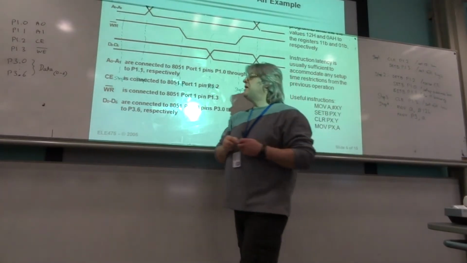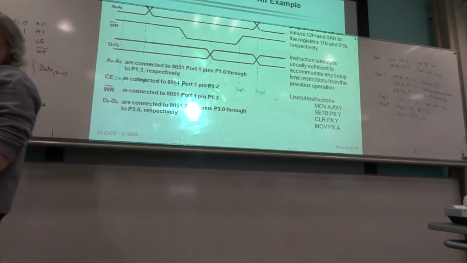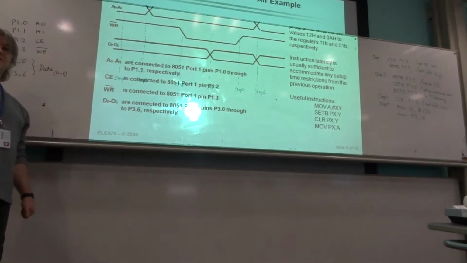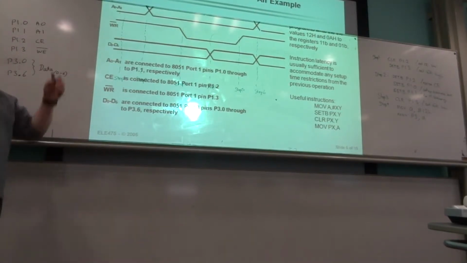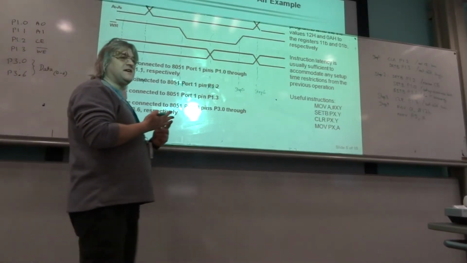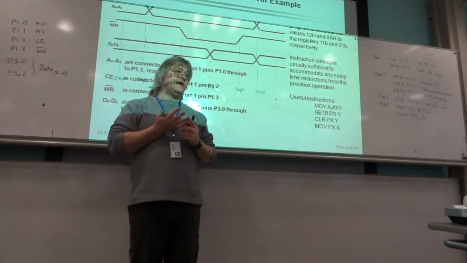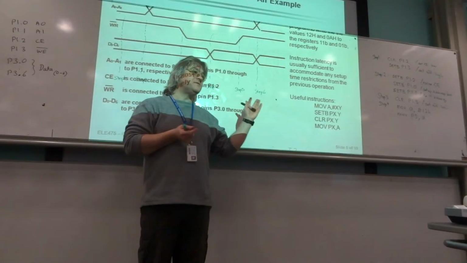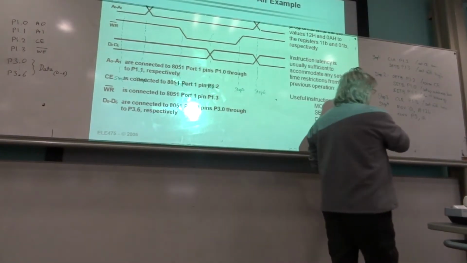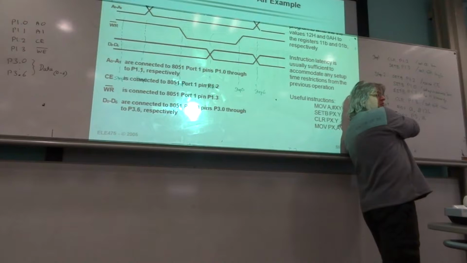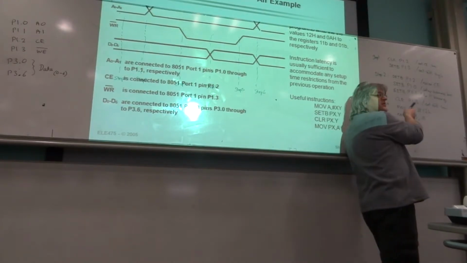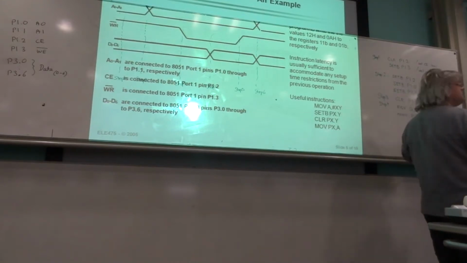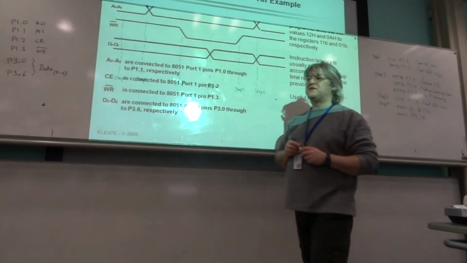Now, strictly speaking, we're not using the whole of that port to write whatever value we've been asked to write, because not all of that port is in use. We're using 3.0 to 3.6, we're not using pin 3.7. But the way this is described, it doesn't say that pin 3.7 is being used for anything else. So we can probably get away with doing that. But be aware that we're actually setting pin 3.7 low in this case. So that may or may not be a problem. But in our case, we'll just assume it's okay. It's safe to do so.